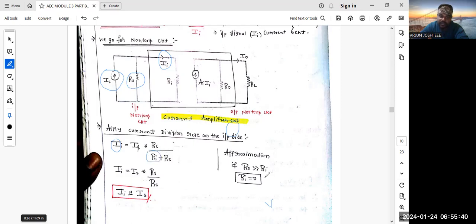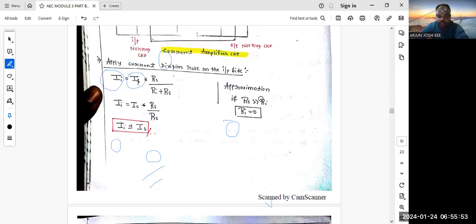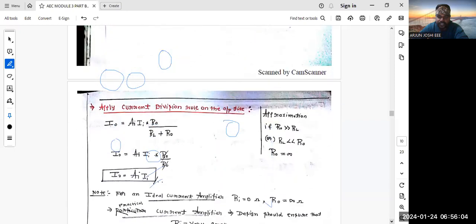So RS is much greater than RI. At that time, we neglect RI, and what remains? RS. So RS will get cancelled. So II is equal to IS. Here we need to concentrate only on RI. RI is ideally 0, but it's not possible to take 0 in the practical condition. So that's why we need to take a small value, which I wrote at the end.